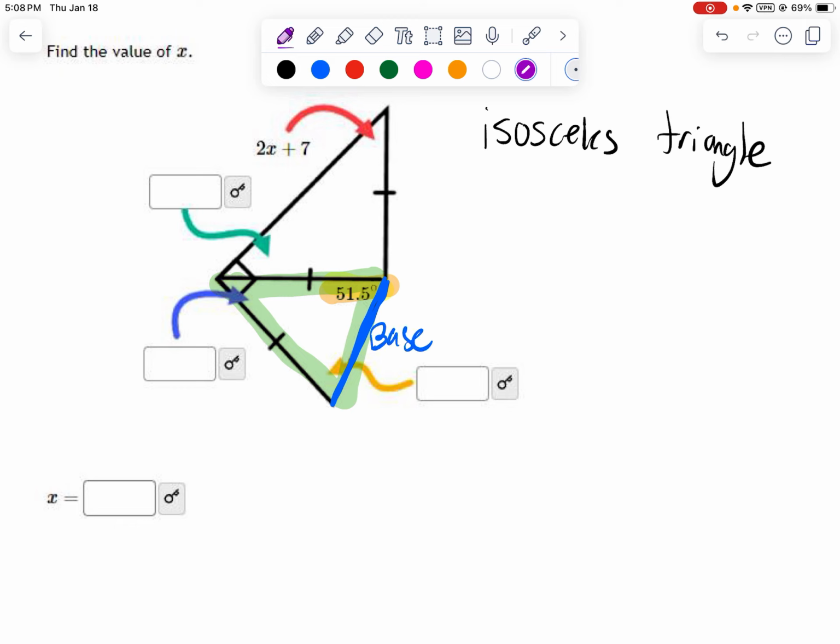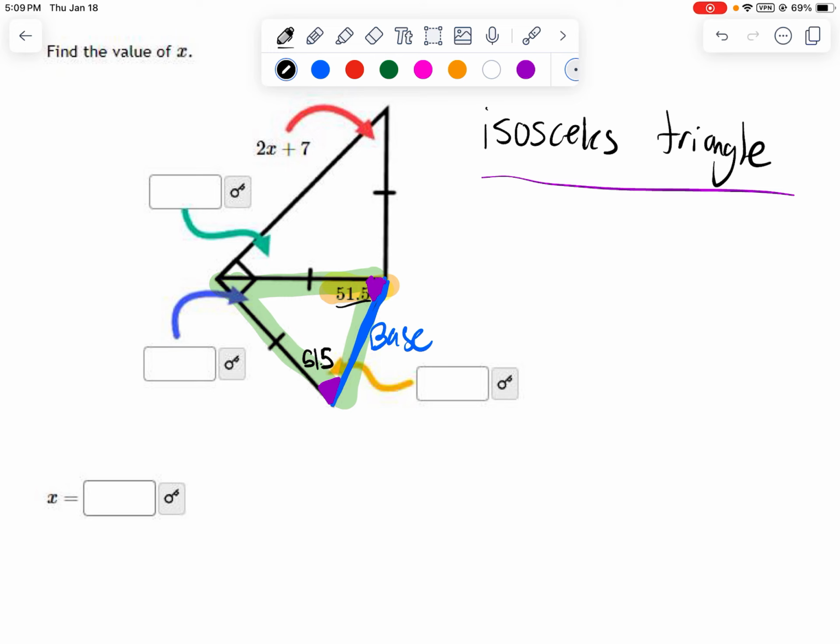So that means that your base angles, that little angle in this corner forming the base, and the other angle in the other corner forming the base, are the base angles, right? Those are guaranteed to be congruent by the property of isosceles triangles. Okay, so that means if this side is 51.5, so is that side.